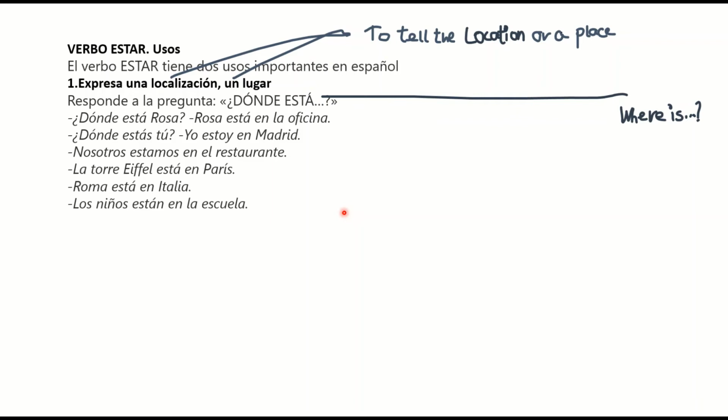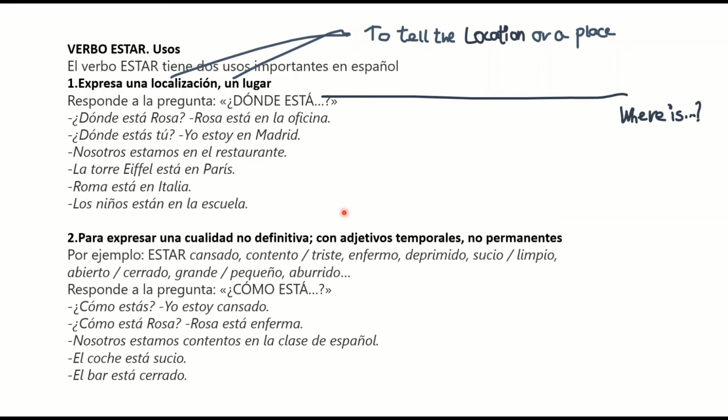This was the location and the place. There are other use as well where we need to use the verb estar. Let's see. Okay, so now here we'll see that the other use of the verb estar is to tell the state of a person, of a place, of a thing.